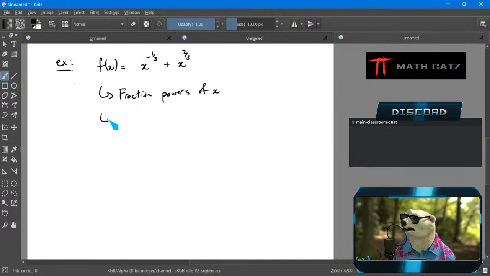Now, we, at the very least, want to find the y-intercept. So that's a 0. And even that might seem a little confusing for some.